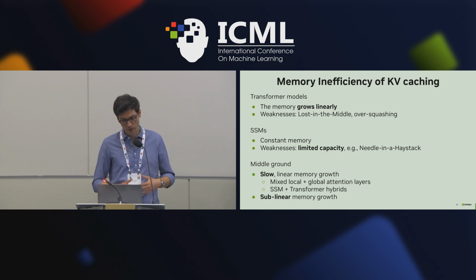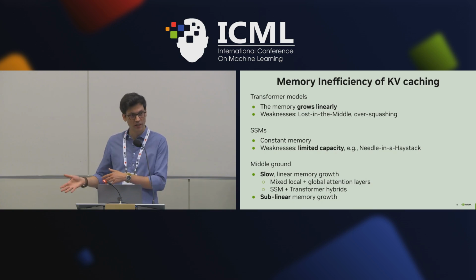And of course, there are many ways to skin a cat. I would say that there are two extremes right now, and I think most people would agree with this view. The first extreme is the pure transformer model, where the KV cache size grows linearly with the sequence length. On the other extreme, you get SSMs, where you have constant memory.